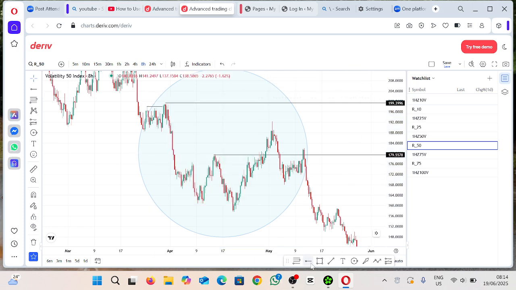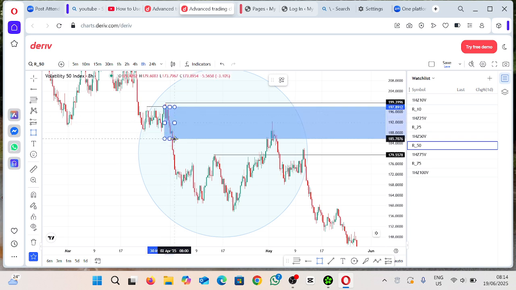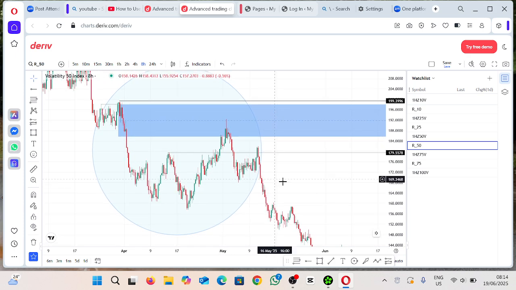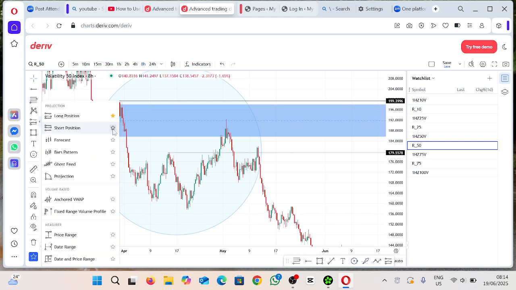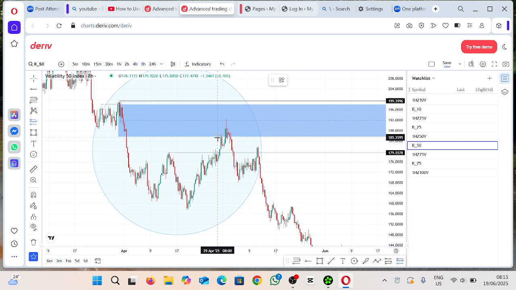So the whole of this place is your POI. You can see that price tapped into this POI and then started going in your direction. The target is here.